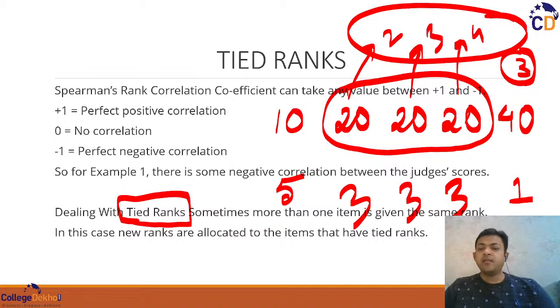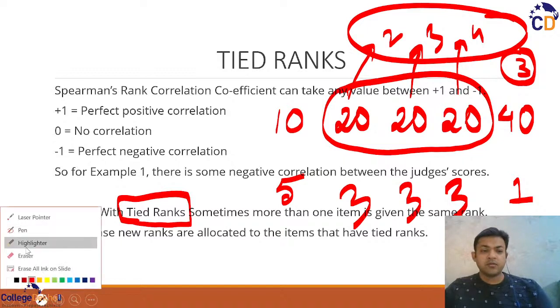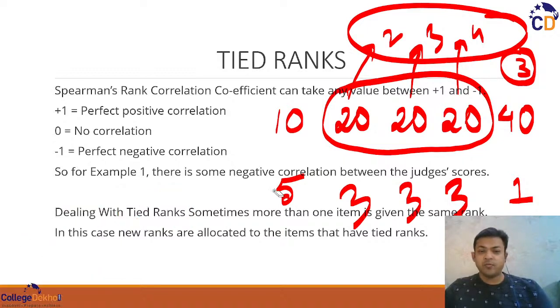In case of tied ranks, the formula takes a small twist from the original formula. Before we go on to the formula for tied ranks, let us quickly have a look at the formula for the normal case, the one that we did a few minutes back.